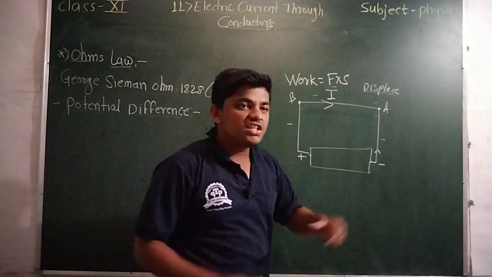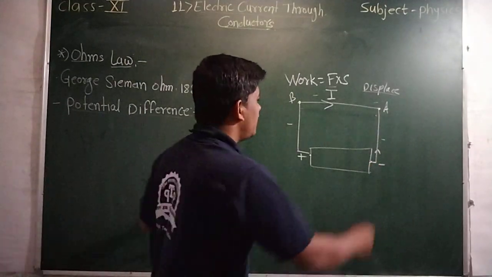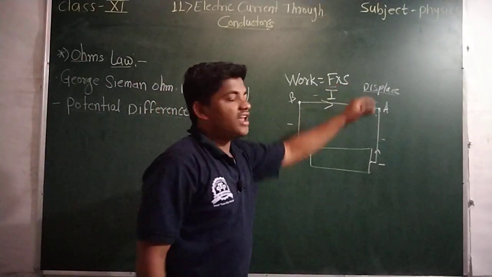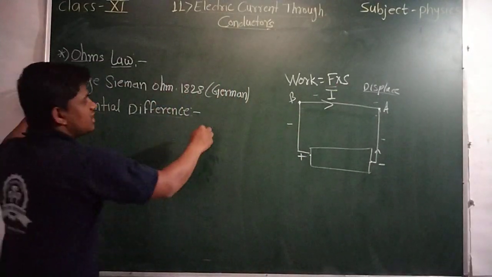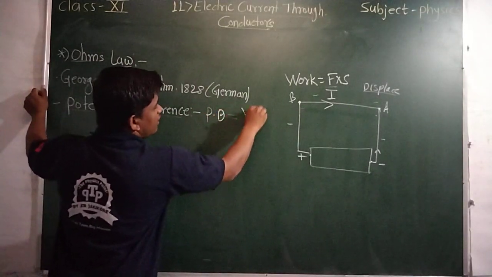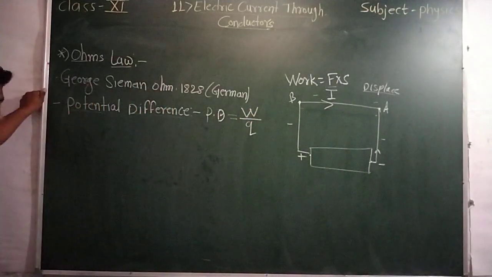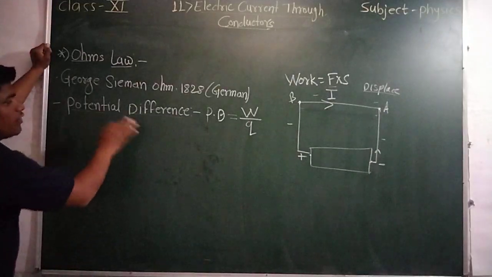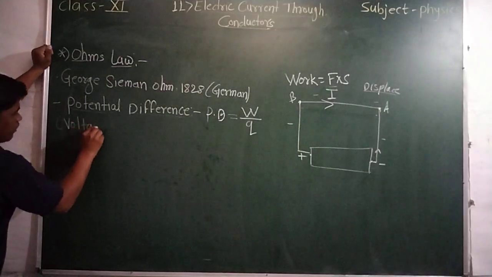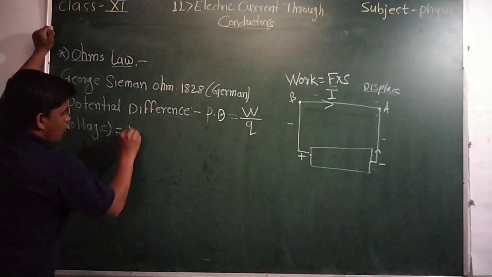Work done. What is the potential difference? Work done per unit charge. The work done that must be applied to move a unit charge from one point to another is called potential difference. Then potential difference PD is equal to work done per unit charge, that is Q. The potential difference is also called voltage, and the unit of potential difference is volt.